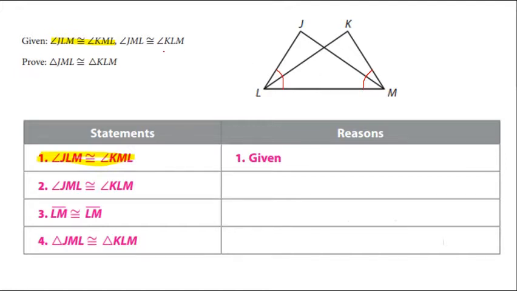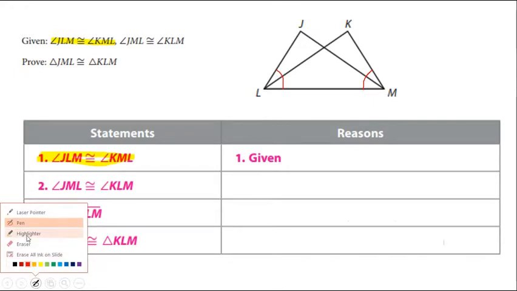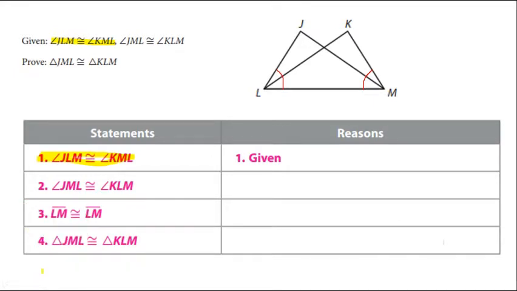Okay, next one, my next given part is angle JML is congruent to KLM. Again, that's given to me, so I'm going to put that down. But when I mark this, it says JML, so JML is this little angle right here.